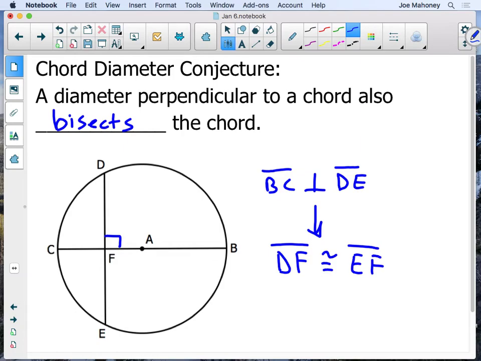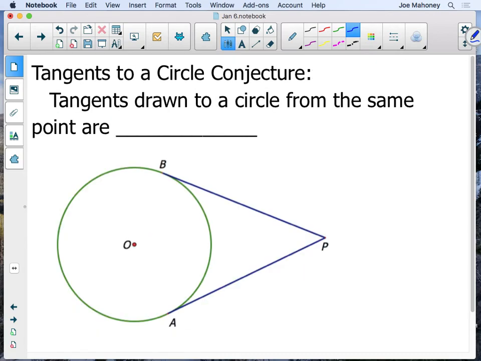That's a neat one, that if the diameter is perpendicular to the chord, it bisects the chord. And you can go the other way with it as well. So I'll make this a double arrow. If you know one chord bisects another chord, it has to go through the center and be a diameter. Cool stuff.